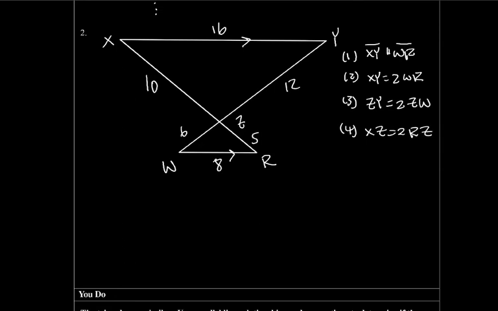Let's see what else we can get though. What other information can we get from this? So instead of just calling it there, because we could, I also want to show us a few other things. So this is parallel. So we can do alternate interior angles again, like we've been doing forever.